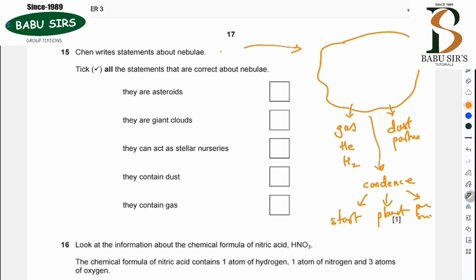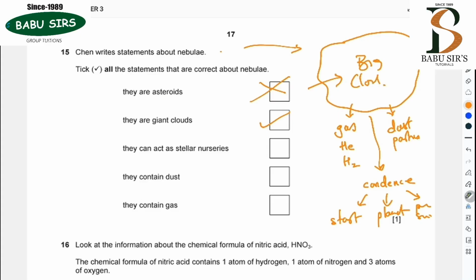So we'll see what they are asking. All the statements that are correct about nebula. They are asteroids, so you cannot write that. They are a cloud of gas and dust particles. They are a giant cloud. Yes, this is a big cloud, so this is okay.